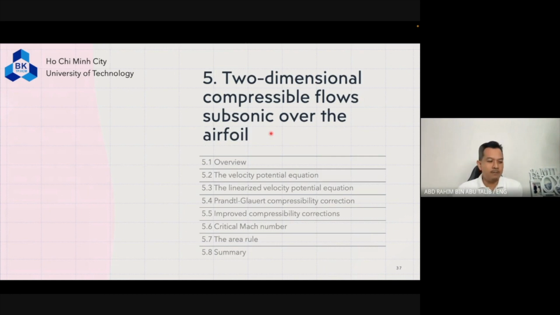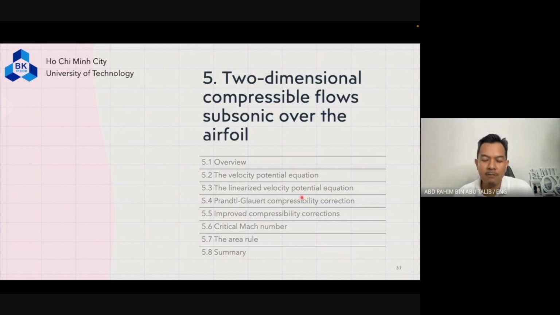So with that, we have looked into the theoretical part of two-dimensional compressible subsonic flow over the airfoil. We have expressed the velocity potential equation, and we also looked into the linearized velocity potential equation.